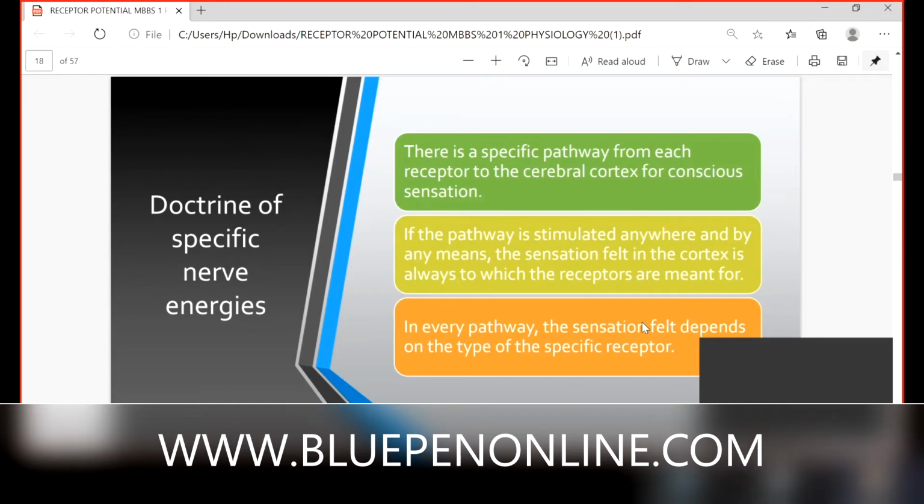Do you get me? For each and every receptor, there is a particular nerve connecting the receptor to the cerebral cortex. So if anywhere in between is stimulated, the same sensation will be felt.